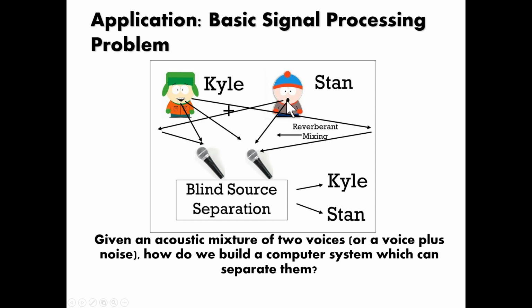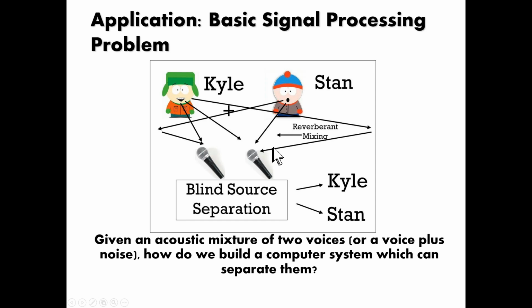You might think it's just a time delay or something coming from here to here. The same with Kyle. He's coming into that microphone and that microphone, and he could bounce off the wall as well. He could bounce off several times. So in a reverberant environment in a room, these transfer functions can be quite complex, and they're not really simple things.